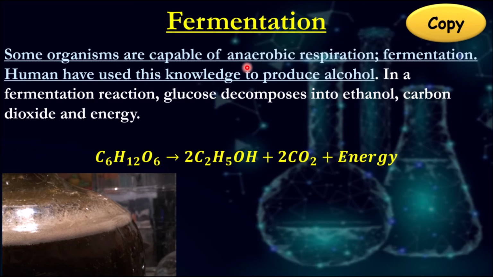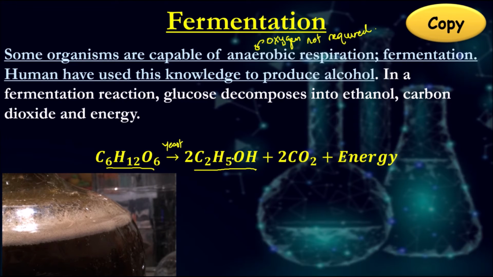It is an anaerobic respiration, so what that means is it does not need oxygen. What we have is glucose, so we have sugar, and we allow it to break down or ferment with the addition of yeast. So yeast is the catalyst in this reaction here.